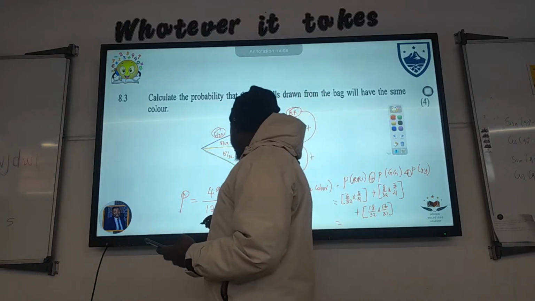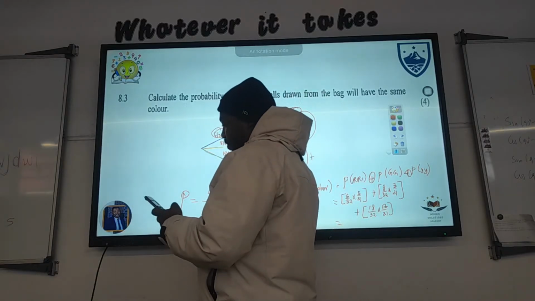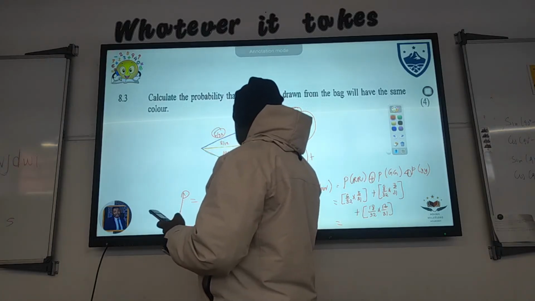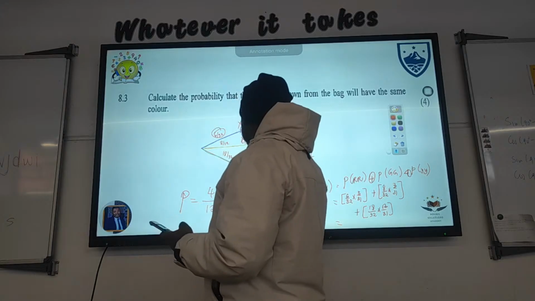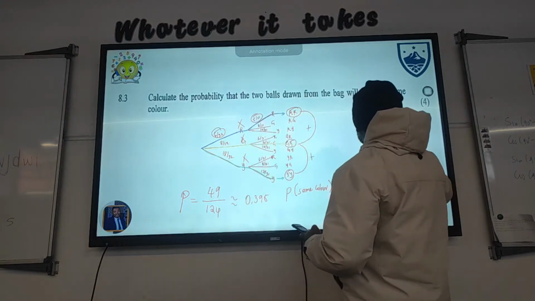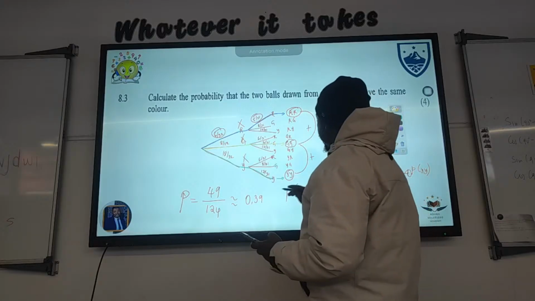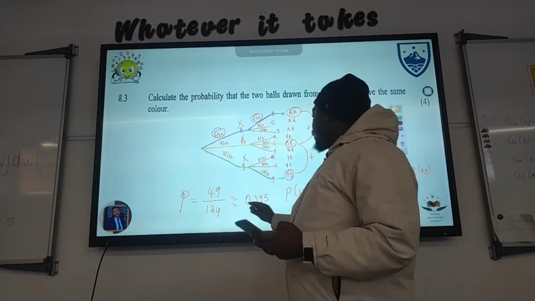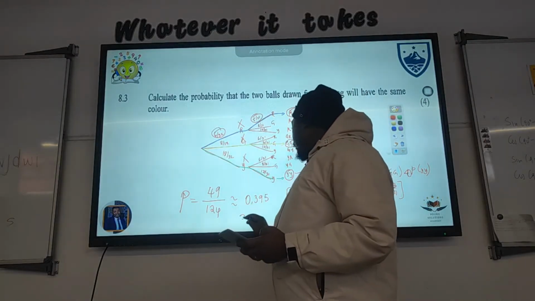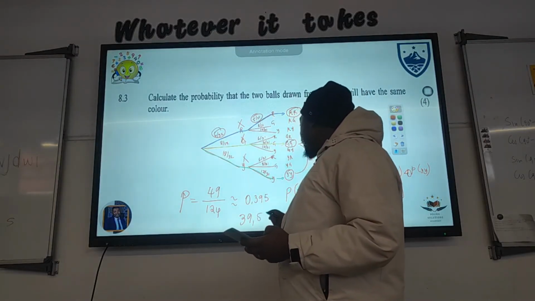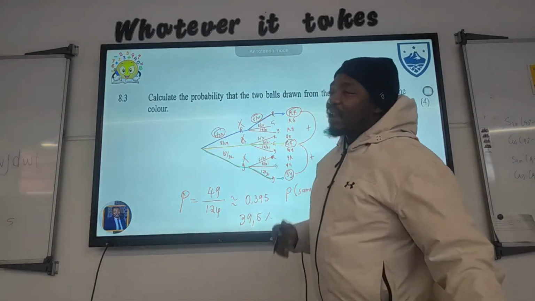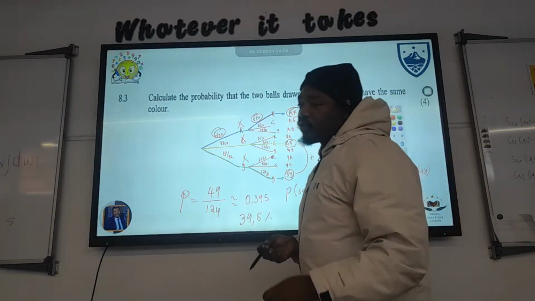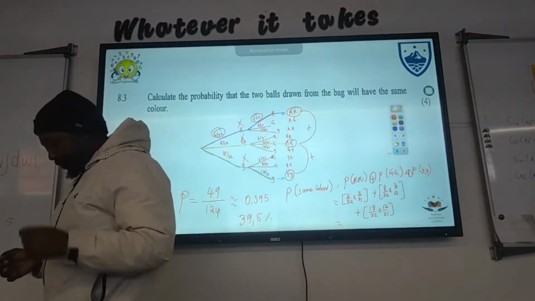And somebody can say, which is approximately 0.395. In terms of percentage, I'll multiply this by 100, which will be 39.5%. So you have 39.5% chances of getting both balls to have the same type.